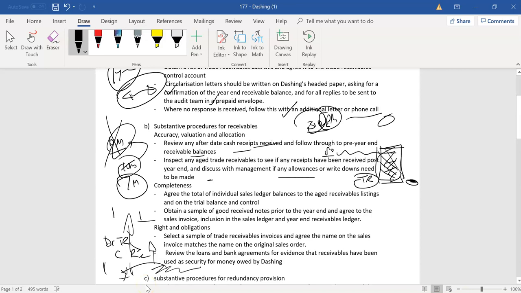I also want to make sure that all the sales returns have been taken out, and not leaving sales returns in there to keep your trade receivables inflated.